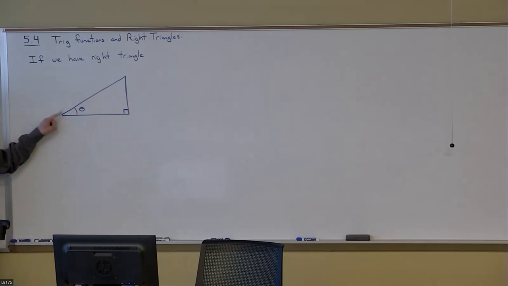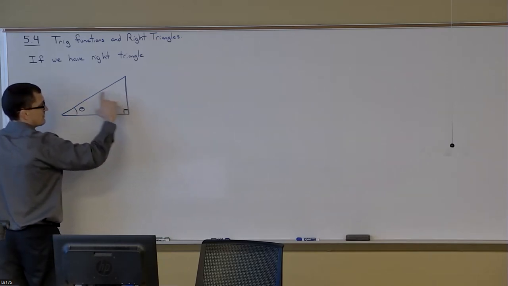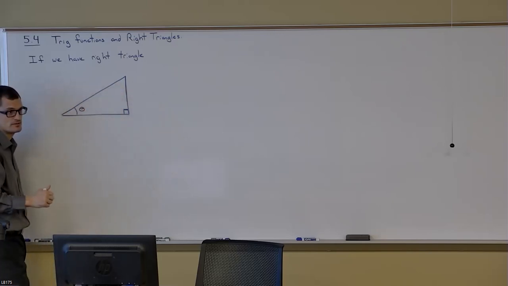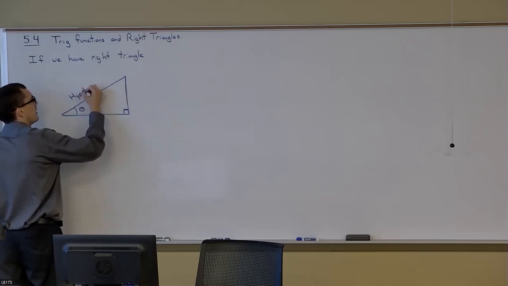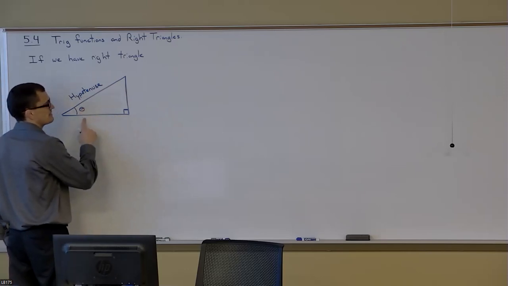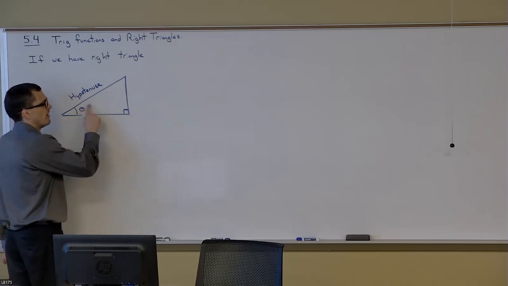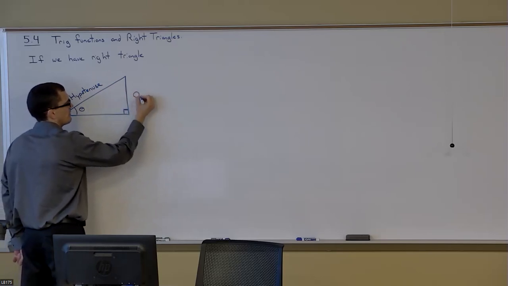So the three sides of the right triangle, the ones that form the right angle are called the legs, and then the one opposite the right angle is called the hypotenuse. Right? So this is the hypotenuse. And generally speaking, when we're talking about trig functions with right triangles, we call this leg the leg that is opposite of our angle theta.